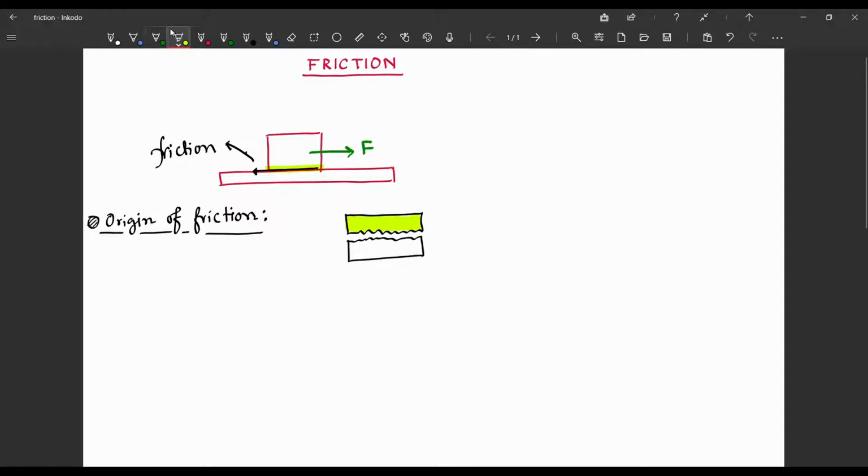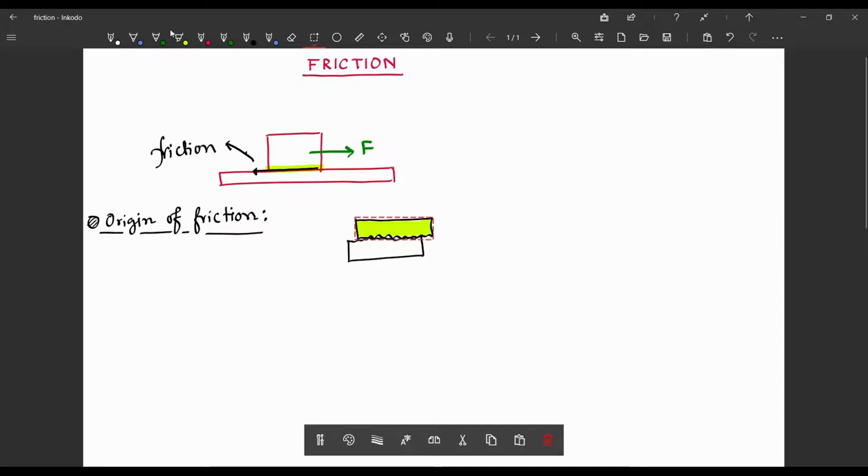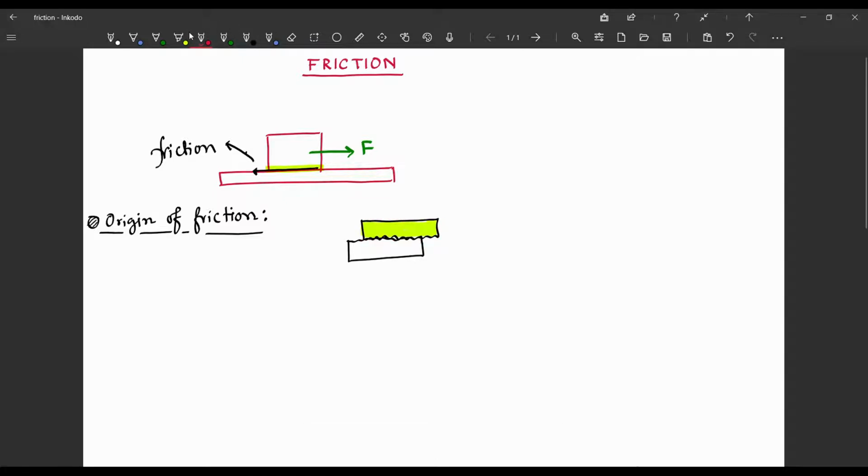So whenever we want to move one surface over another like this, there is an interlocking between these two surfaces. This interlocking provides a resistive force. Suppose this is the applied force acting on the body.